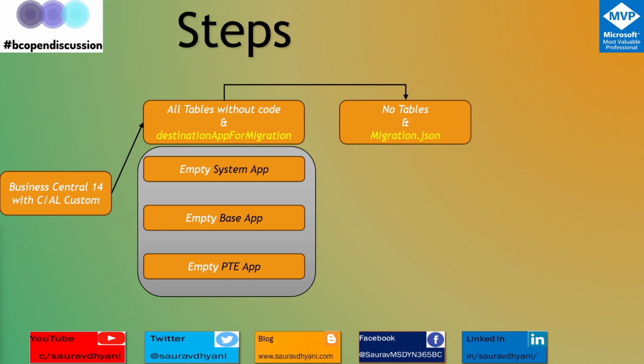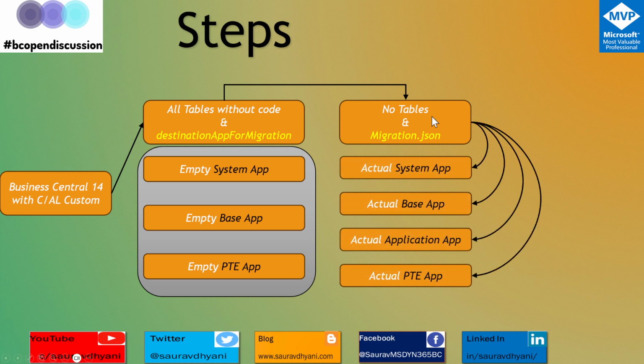So with this migration.json, the data moves to the actual system app, base app, and application app, which are the three core apps, and also to your PTE app.